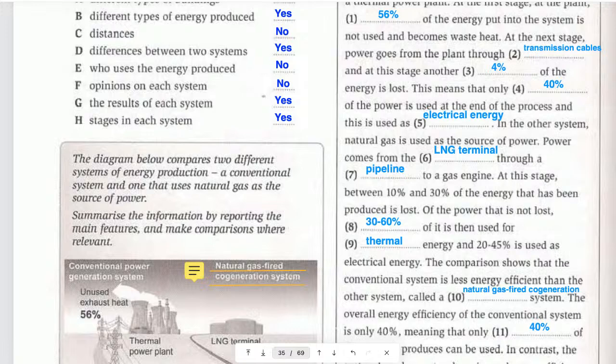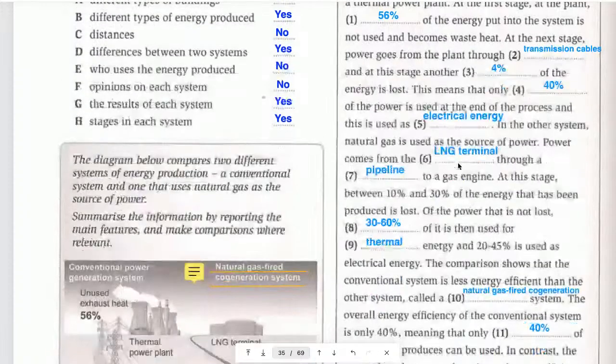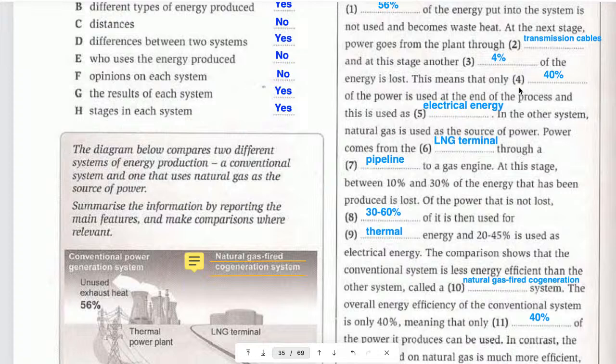So you can see from the first stage and the second stage, this system loses 60% of the energy. Okay. So only 40% left. So that's why they mention here, this means that only 40% of the power is used at the end of the process, and this is used as electrical energy.